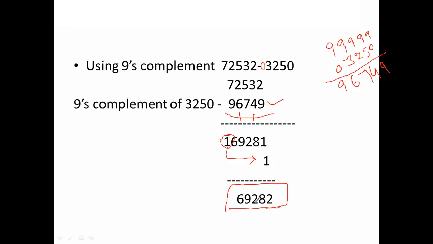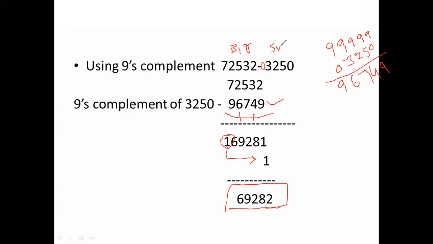69,282. Are you understand? If you observe this, 72,532 minus 3,250, in this problem this is the biggest number and this is the small number.